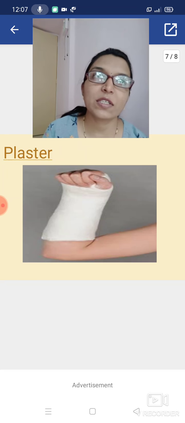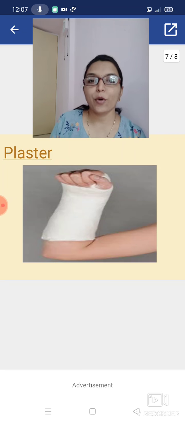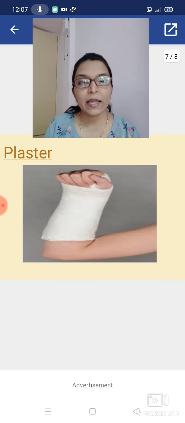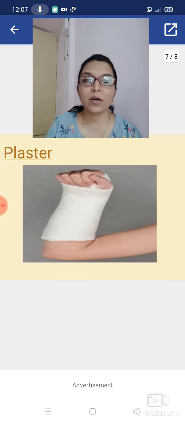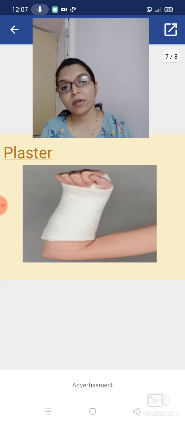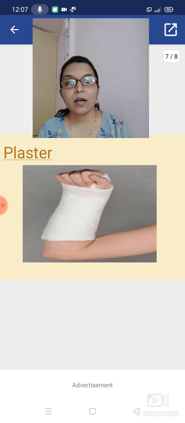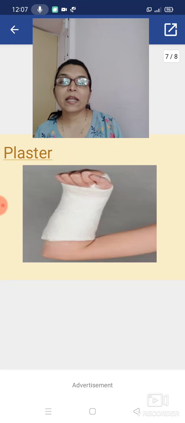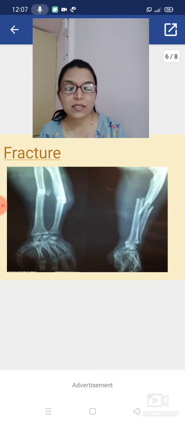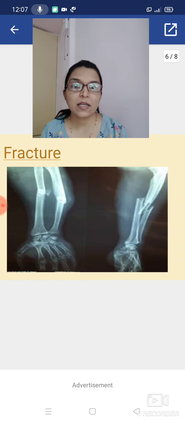First we studied what is meant by skeletal system, then the important parts of the skeletal system, then their functions, then how we can keep our bones and health well through healthy food, exercise, and sitting properly. And if we take care and still get a fracture, what we have to do, what is meant by fracture, and what is a plaster, we have studied in this lesson.